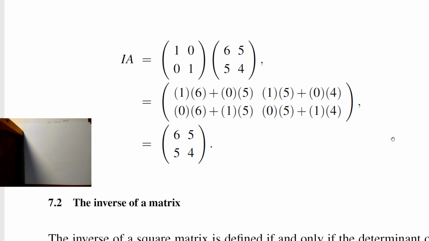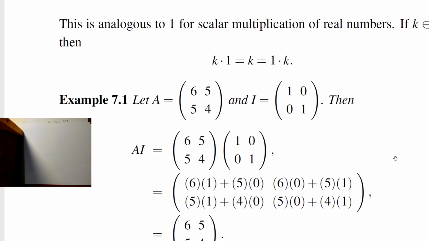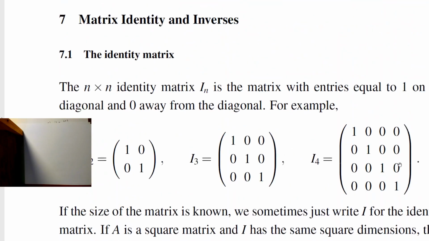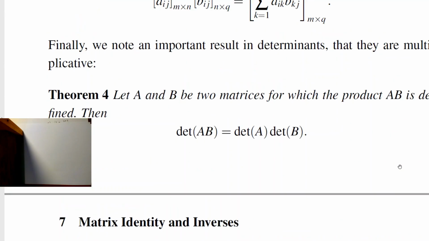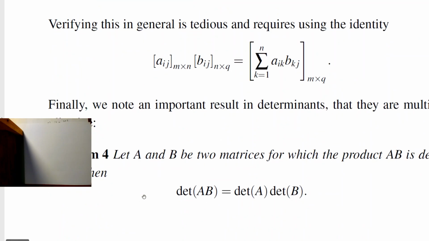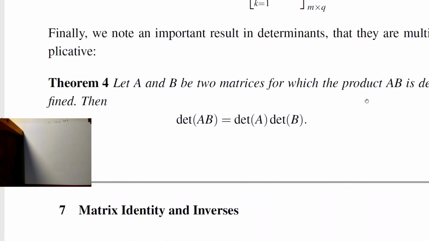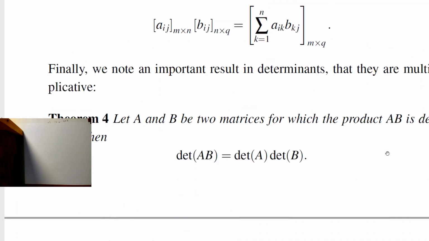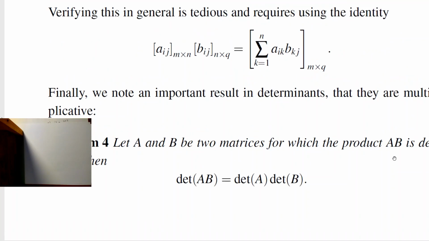Have I just jumped into the next section? Possibly so. So let's have a look, because this is suddenly saying 7. Okay, I better stop and go back to theorem 4, because that's the last thing before the next section. Okay, so let A and B be 2 matrices for which the product AB is defined.